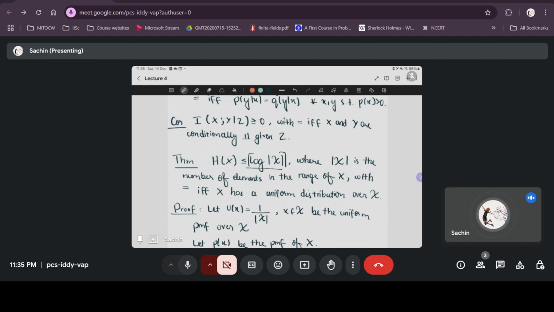You can't represent any information. Okay, sorry. If you have 2 values, then you can represent them using log 2 base 2 bits. It is 1 bit, right? There are only two values. If there are four values, you can represent with 2 bits. So if there are cardinality of x values, you can represent with log of cardinality of x bits. That log is actually base 2.